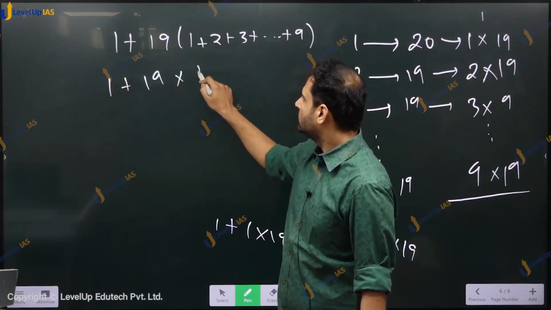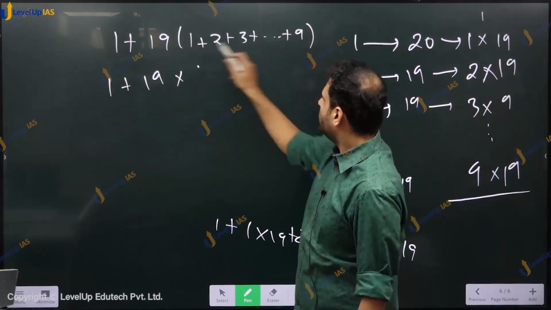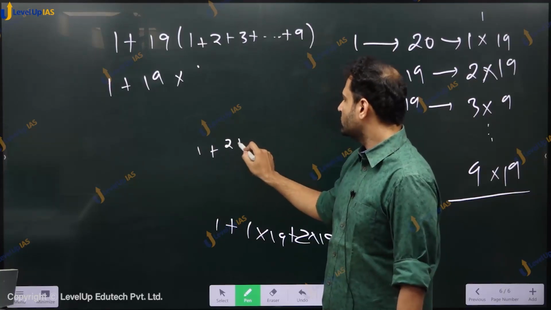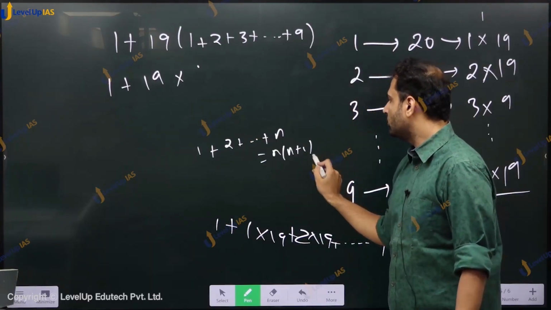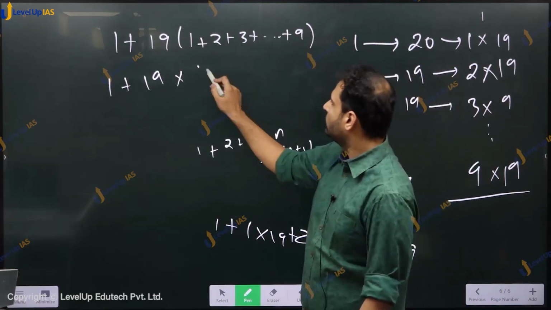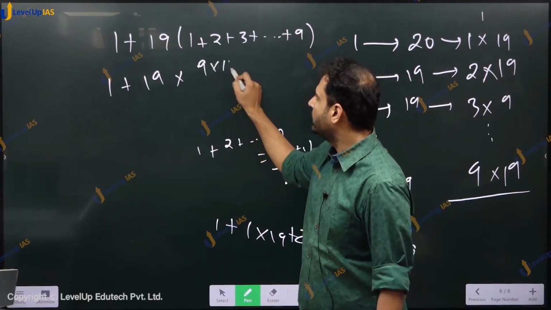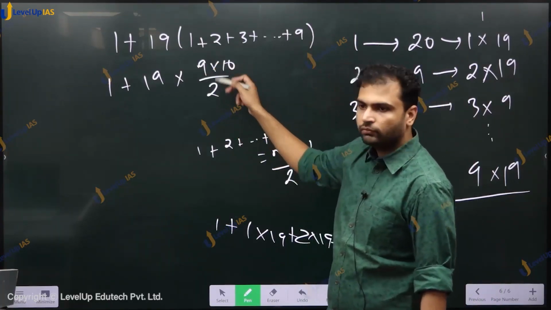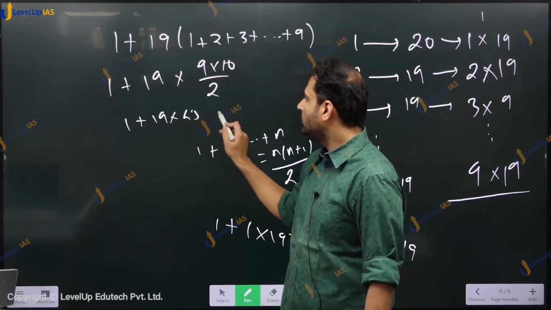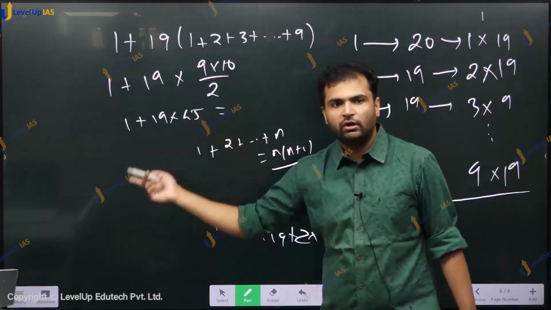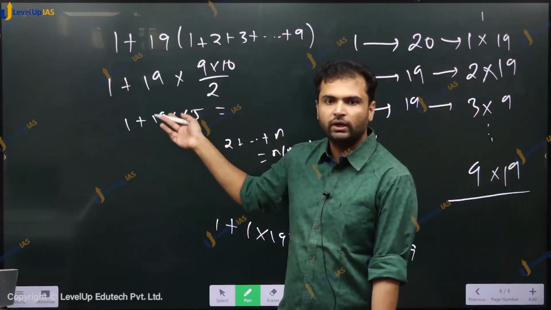This is n. The formula for 1 plus 2 plus up to n is always n into n plus 1 by 2. So if you put n equal to 9, you'll get 9 into 10 by 2. So this is 45. This is just now 1 plus 19 into 45. If you remember the table of 19, you can calculate it quickly.